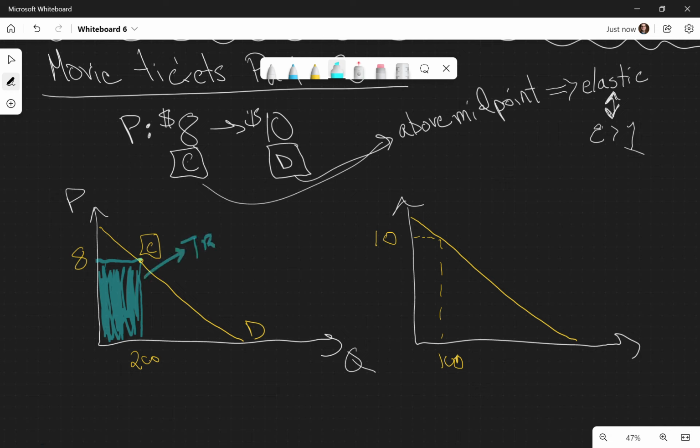Total revenue is equal to price times quantity, equal to 8 times 200, which is going to be what? 1,600. Compared to when we increase the price to $10, we end up getting an even skinnier Tetris block, or I should probably say Minecraft block or something, I don't know. So 10 times 100, right? Total revenue.